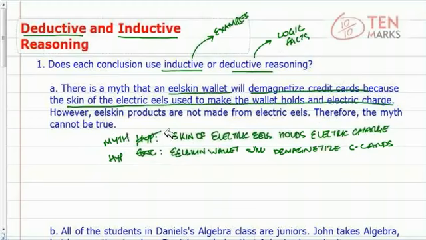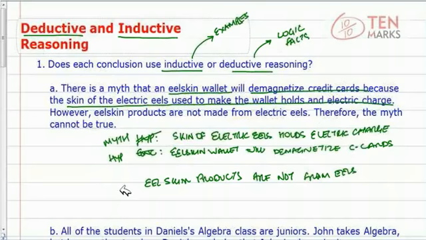The myth says the skin holds an electric charge. Based on this, the hypothesis is that the eelskin wallet will demagnetize credit cards. But the other part of the statement tells us that eelskin products are not made from eels, right?